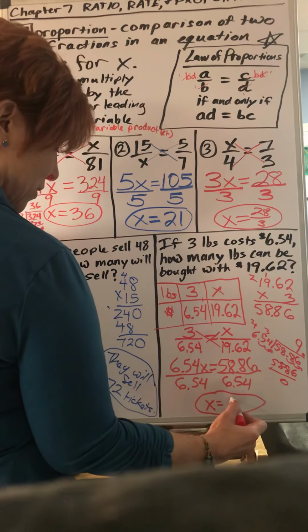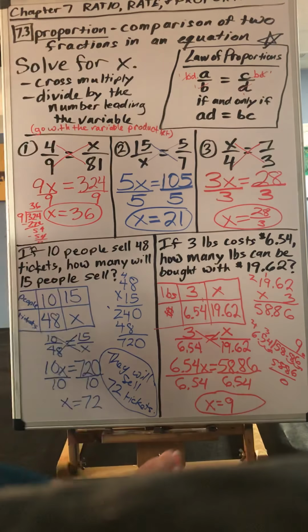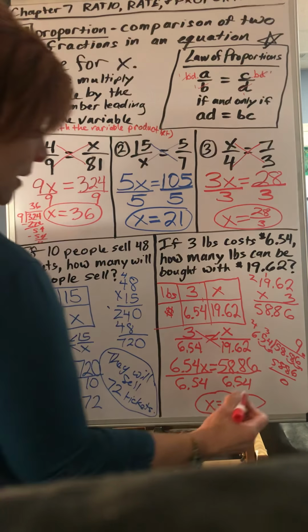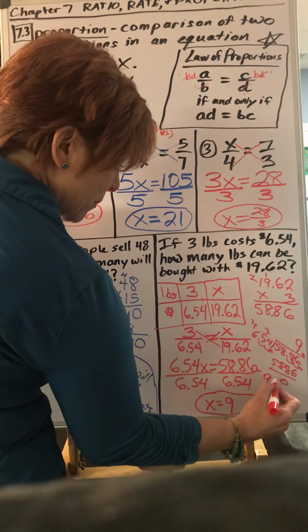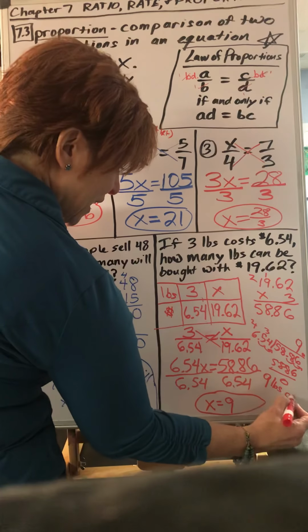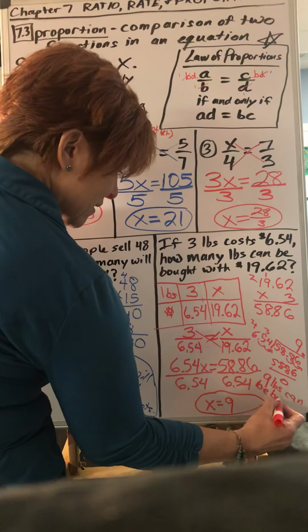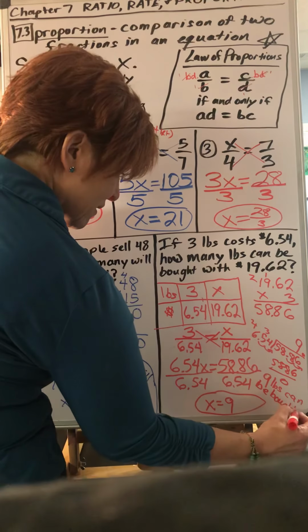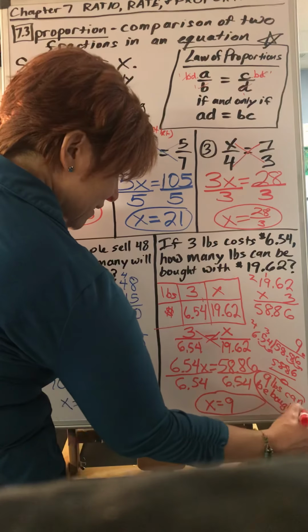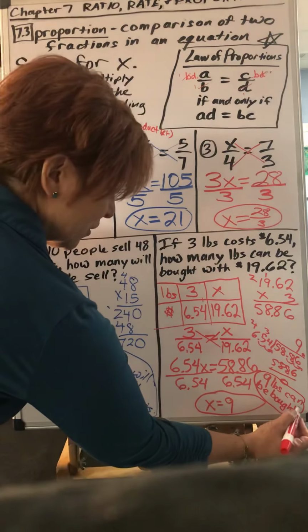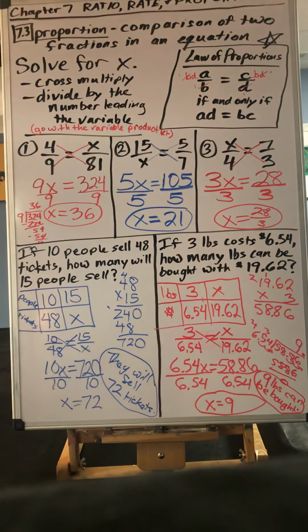Whew. So you get 9, which means 9 pounds can be bought. And that is the answer to that one. And the numbers were a little sticky on that one. I won't quiz you on ones with numbers quite that tricky.